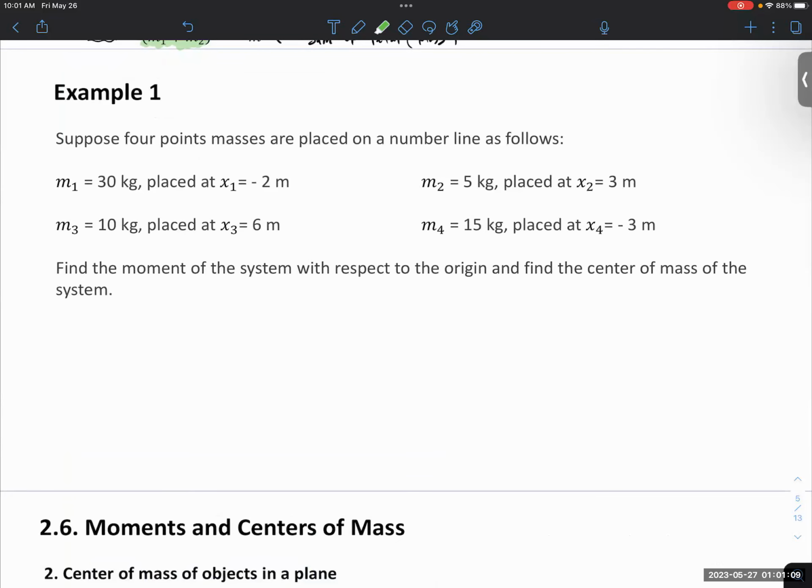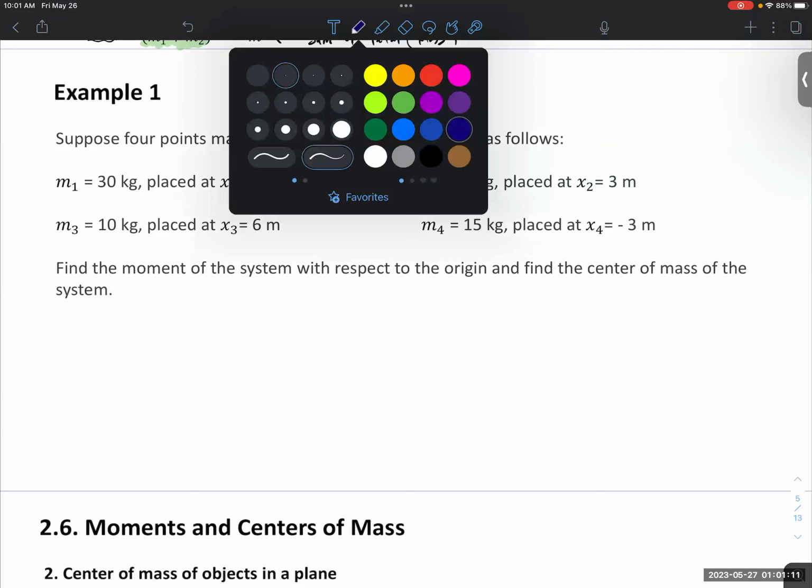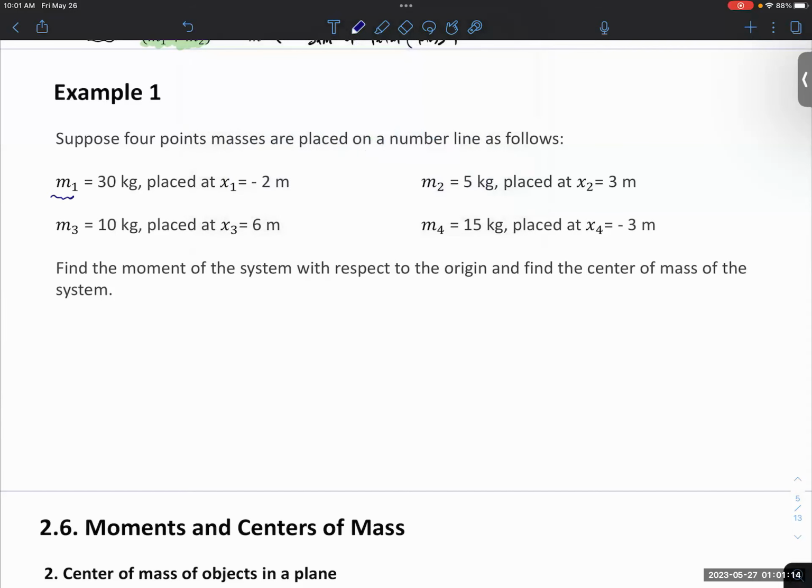So, let's think about this question. M1 is 30 kilograms, and it's far away to the left side, 2 meters away, right? I don't know the balancing point yet, but M1 is here. This is M1, 30 kilograms, and to the left side, -2 meters.